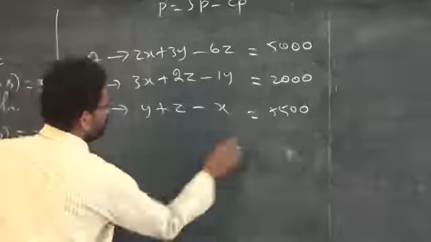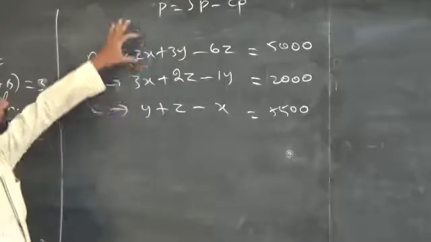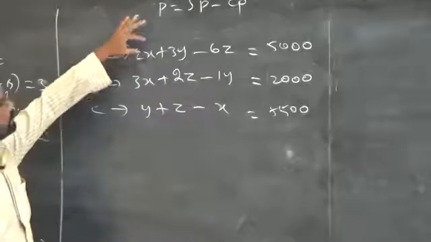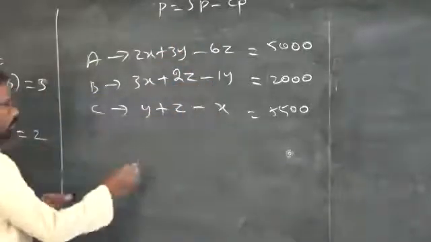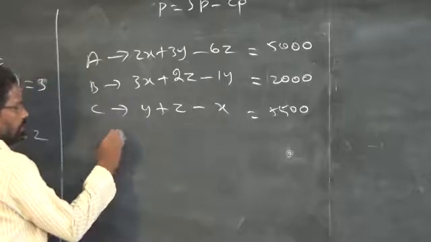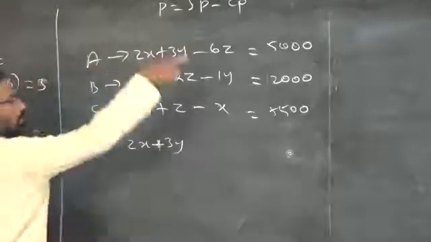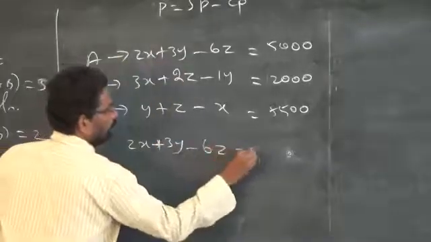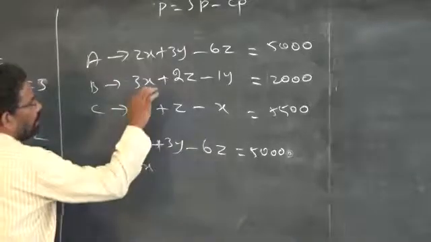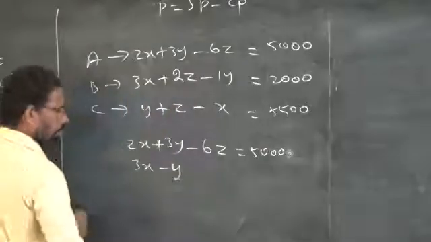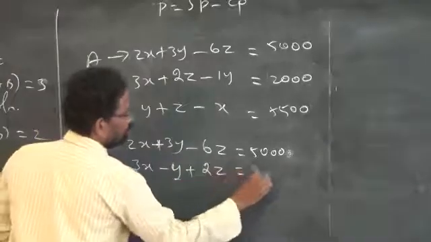Before you write down the matrix format, you have to check whether the equations are in order, that is x, y, z. If it is not in order, rewrite in order, in the standard form of linear equation, that is x, y, z. So according to the concept, we are rewriting the given equations in standard form. After x, y is supposed to be there. So 1y can be written as y plus 2z is equal to 2000.